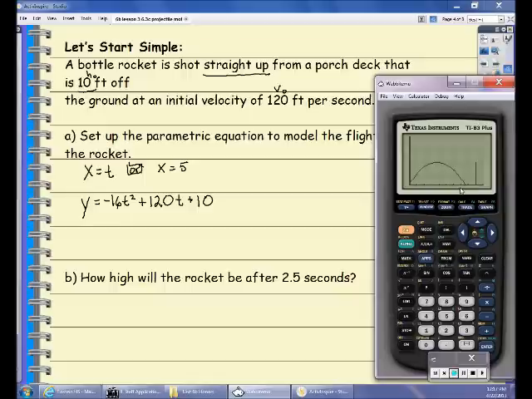How high will the bottle rocket be after 2.5 seconds? Calculate value, 2.5 seconds. When t is 2.5, x is 9, and y is 210.